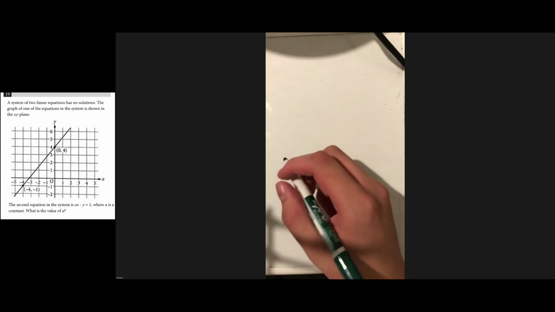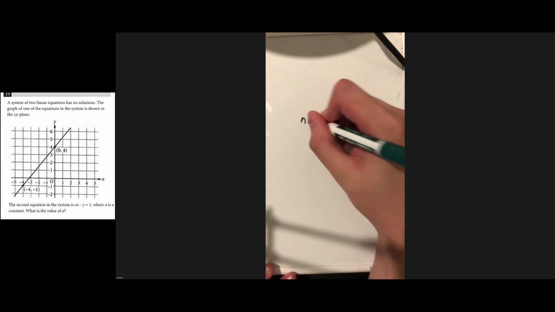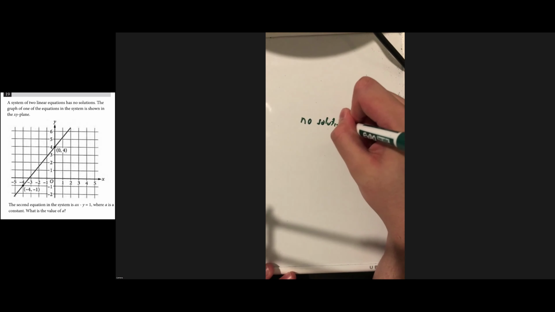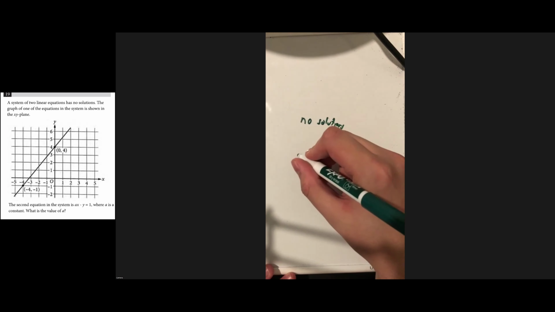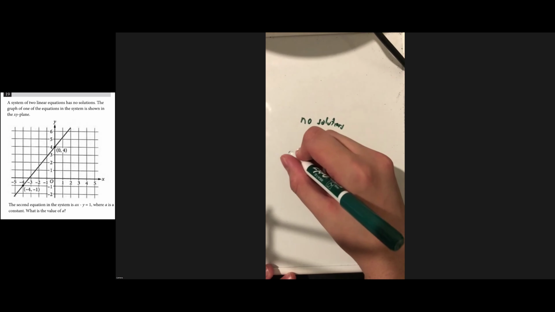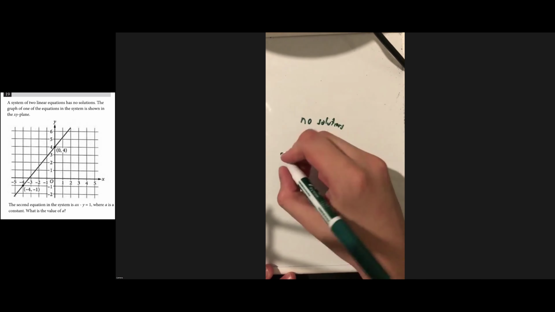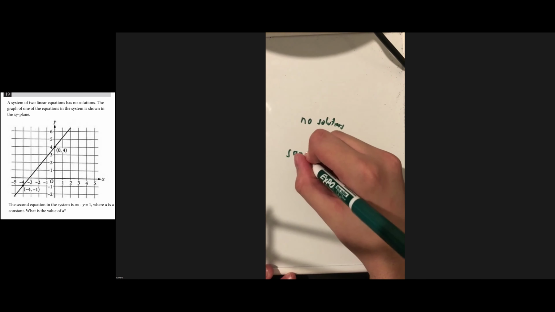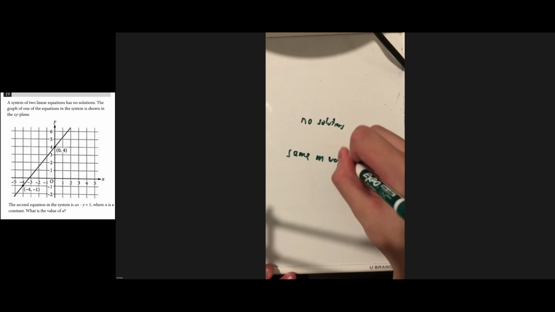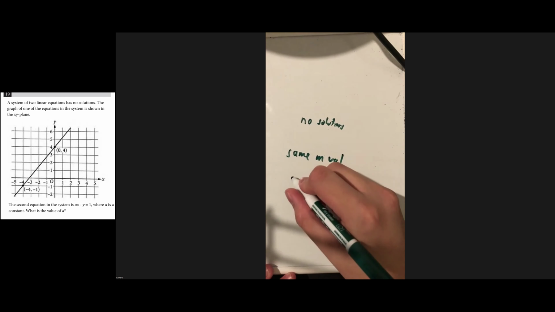Okay, so for question 19, we're given that a system of two linear equations has no solutions. Well, for there to be no solutions, they would have to have the same slope but different y-intercepts. So same m value, but different y-intercepts.